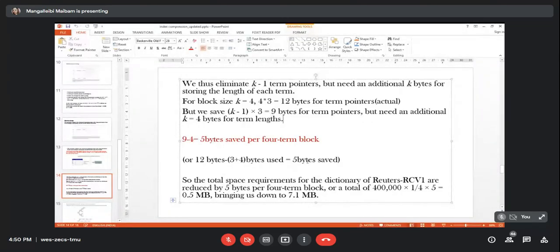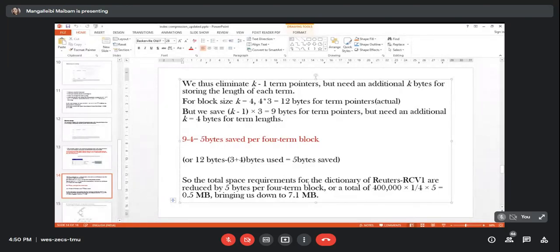Or you can calculate how much you can save in this way also: 12 bytes minus 3 plus 4, same thing. So what you have to remember here is we saved 5 bytes for every block. For every 4 term block we saved 5 bytes.